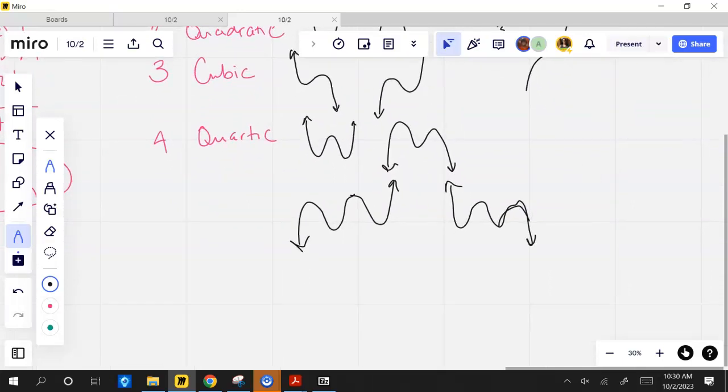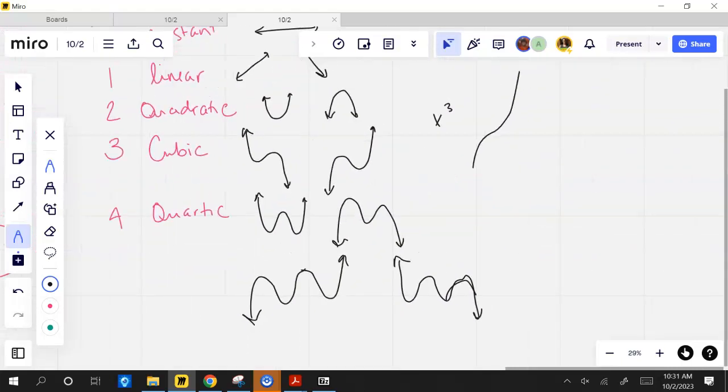Every time I add a degree, I add another potential hump here. Okay, we'll talk about what this hump does, I know. But excellent observation there because that's what we're going to use to define end behavior.